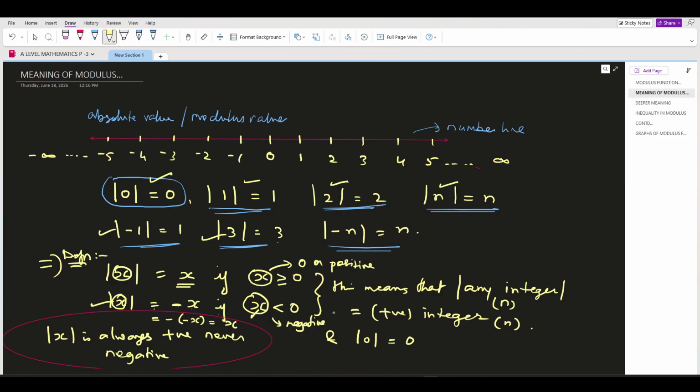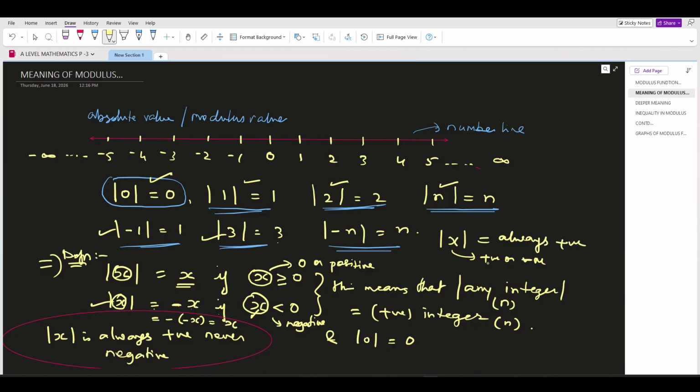So you can see that the modulus of any function has a value which is always positive, immaterial of whether the number between the parallel bars, this particular x, is positive or negative. Your final value of this modulus of x is always positive.